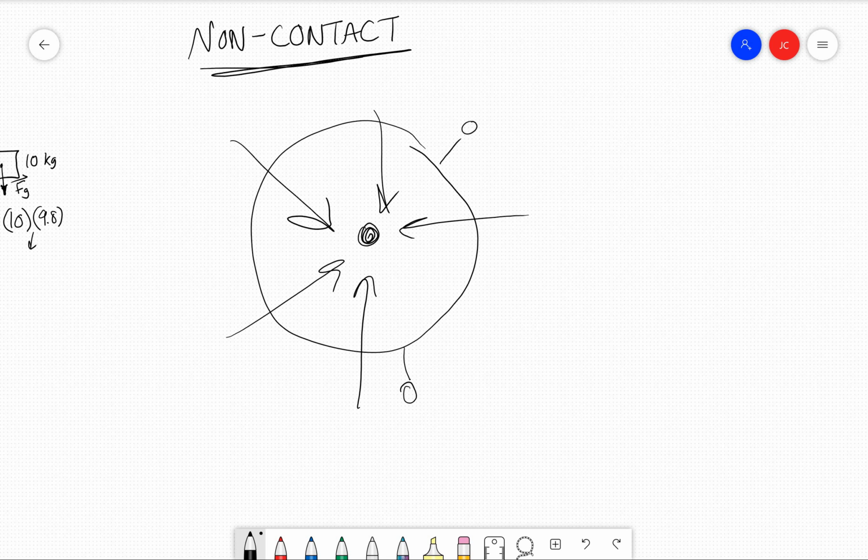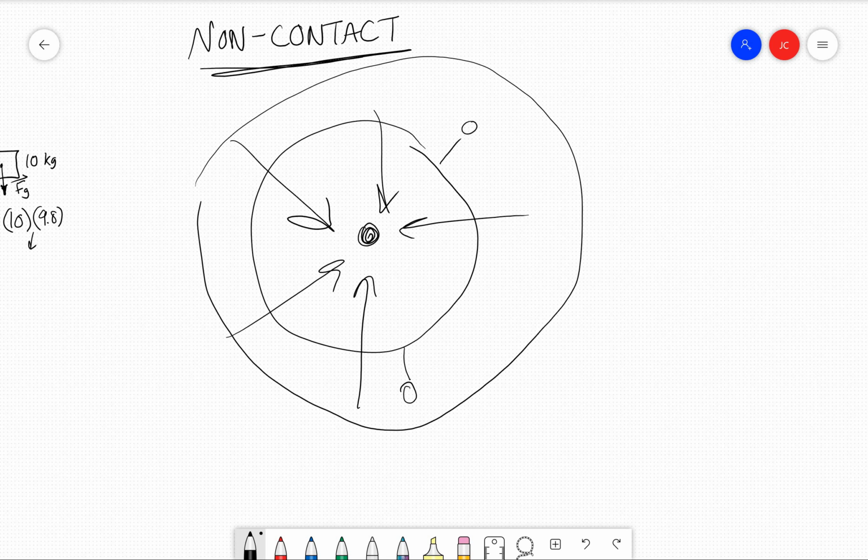You're not touching the object, which is arguably the core of the Earth, but you're just experiencing this force field that radiates around the Earth. And you can only obviously receive this force if you're in the region that the field kind of exists in. So obviously if you're a star over here, you're not experiencing the gravitational pull of the Earth. And so the Earth is really surrounded by this field of gravity that keeps everything on the Earth.